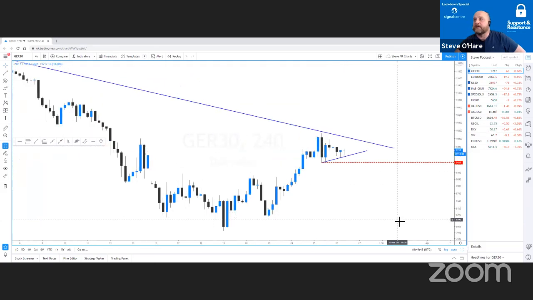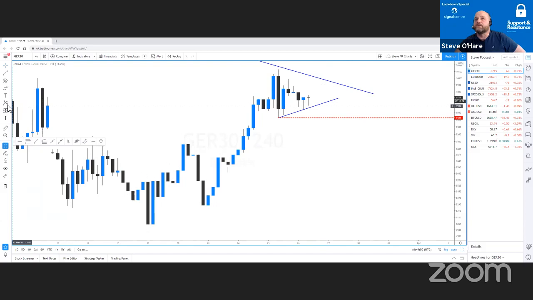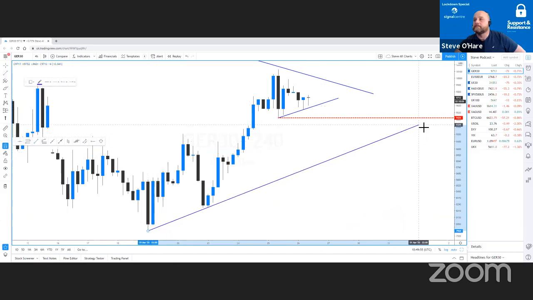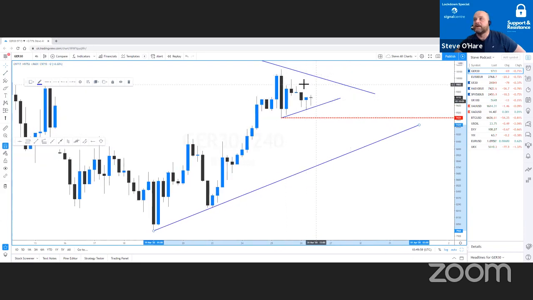Again, let's break it down on a smaller basis. We can draw other trend lines here, and I believe these will act as support. Now, this is a little bit of a triangle formation, even possibly a bullish pennant. So there is an opportunity for this.